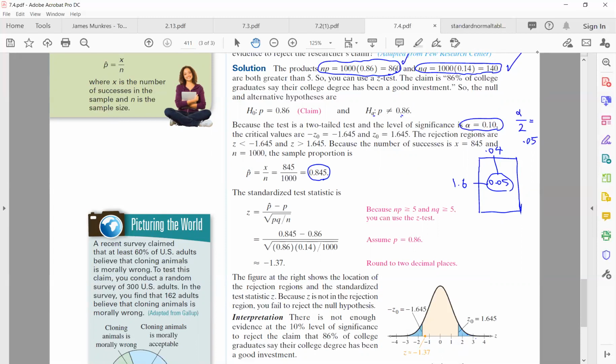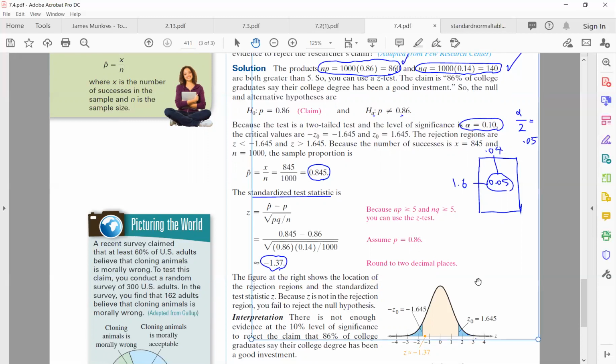Now we find the standardized test statistic Z, which is p hat minus p, divided by the square root of pq over n. After doing the algebra, our test statistic is negative 1.37.